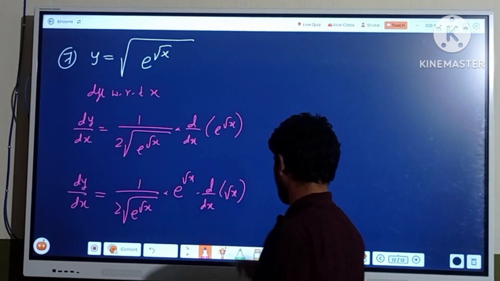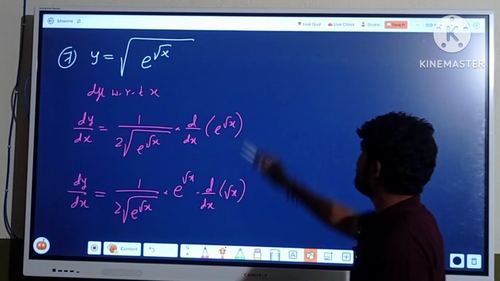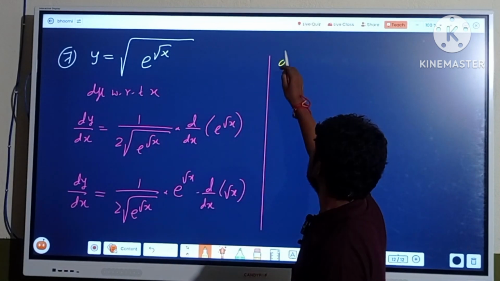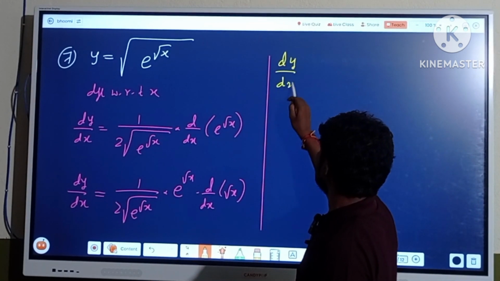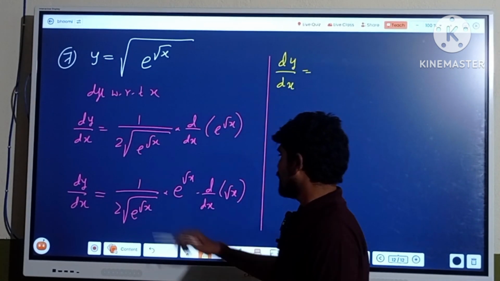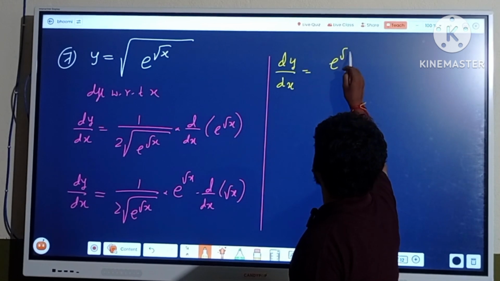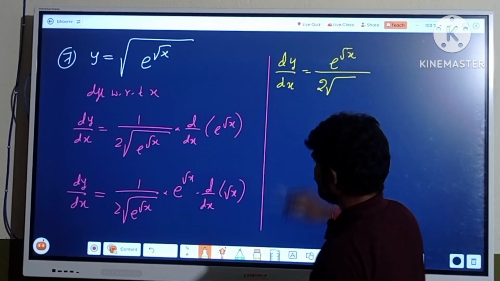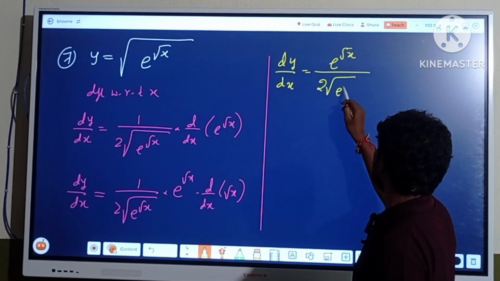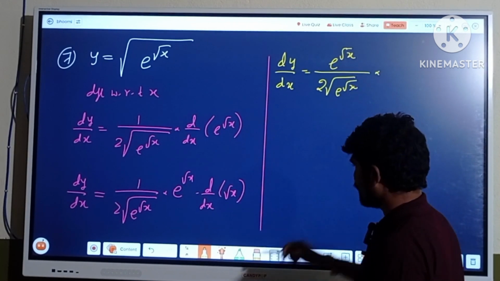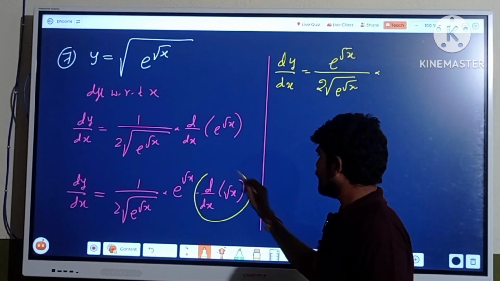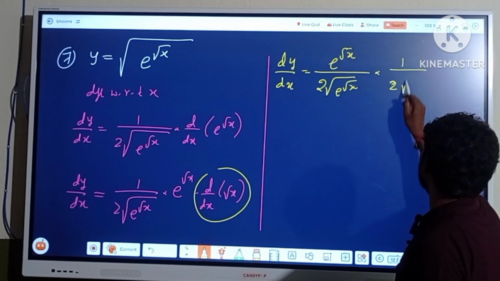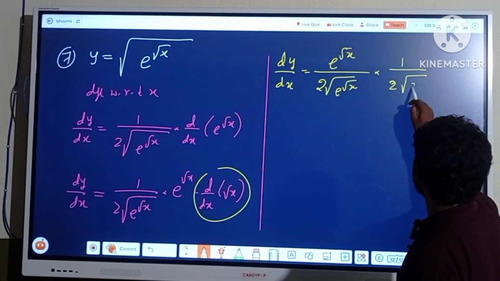Therefore, the required dy by dx equals e power root x divided by 2 into square root of e power root x, into the derivative of root x, which is 1 divided by 2 into root x.